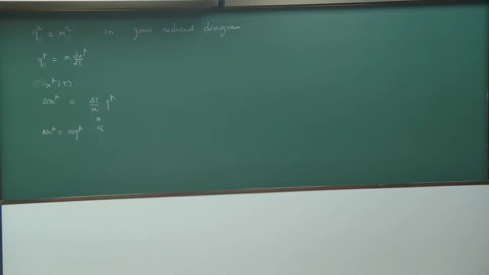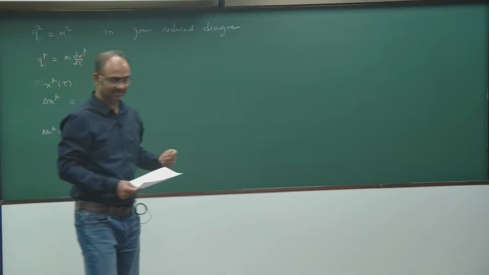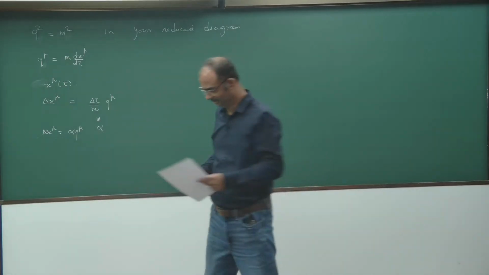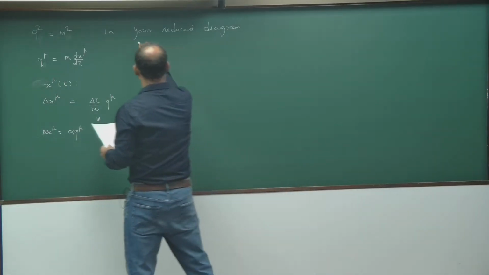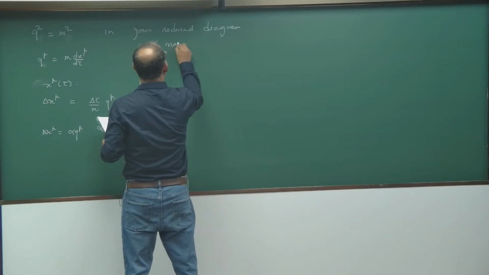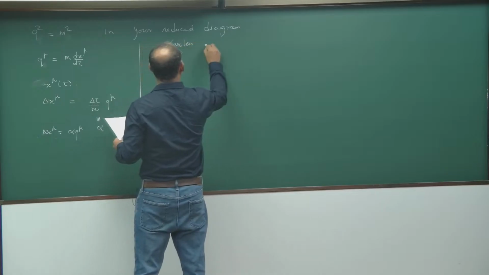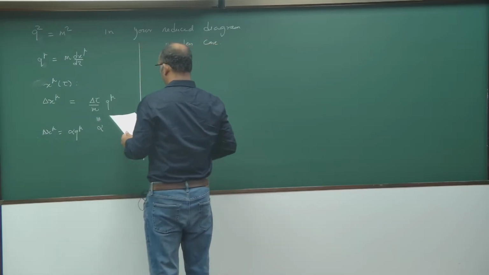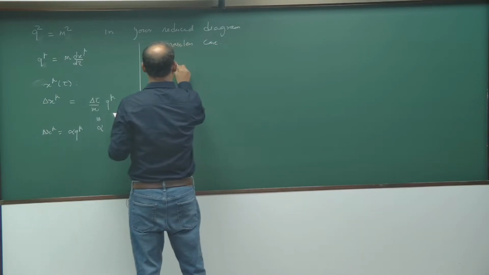So before I move further, let me also try to have this picture for massless case, because here m is non-zero, so dividing by m makes sense. But let's also have it for massless particles, if you have massless particles in the loops. So look at this ratio delta t over q0.